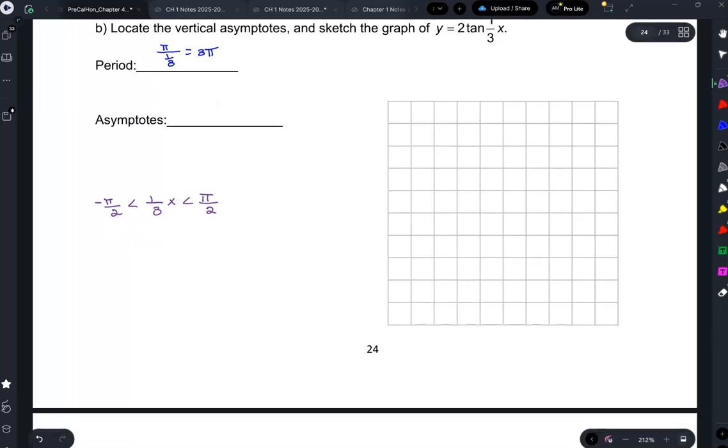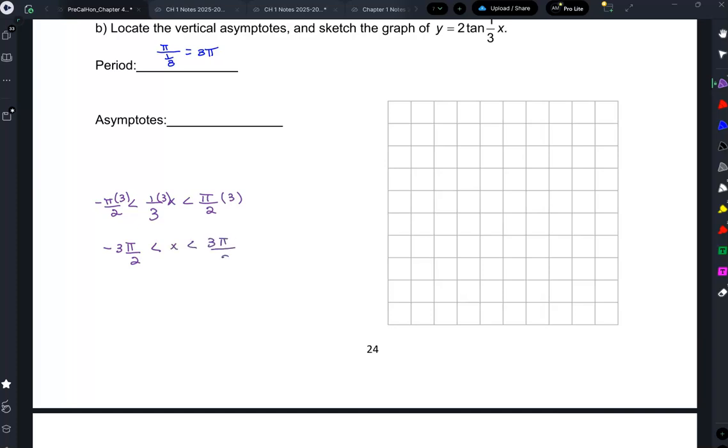Okay, what am I going to multiply by here? 3? Oh, that's a 3 on the bottom? Oh my gosh, my 3s. I got to fix my 3s. Okay. So, negative 3 pi over 2, x, 3 pi over 2. Okay, so here we go. Okay, negative 3 pi over 2. 1, 2, 3, 4, 3 pi over 2.